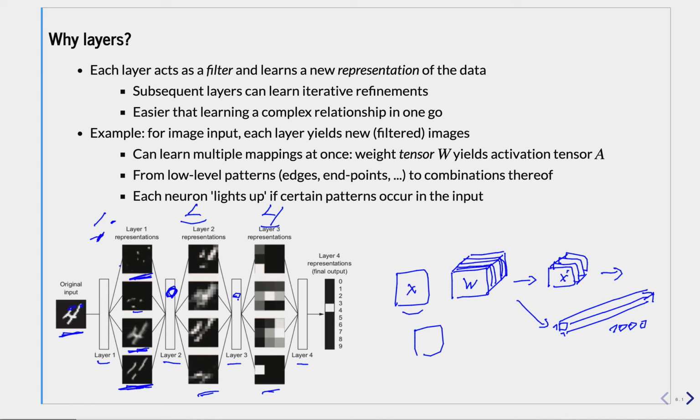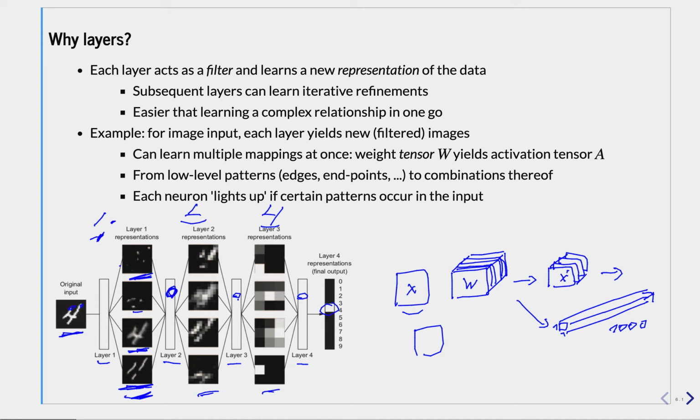And then as you go through the layers, the final layer hopefully will fire according to specific things that you want to learn. And again, we don't define what is detected. We don't define this beforehand. We do guide it a little bit in how we design the filters in this case.